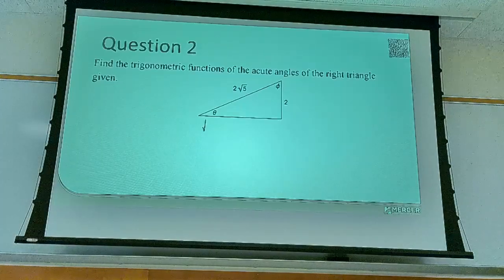Why'd you only square the root 5? Square root of 20 minus 4. So, square root of 16. So your base here is 4.